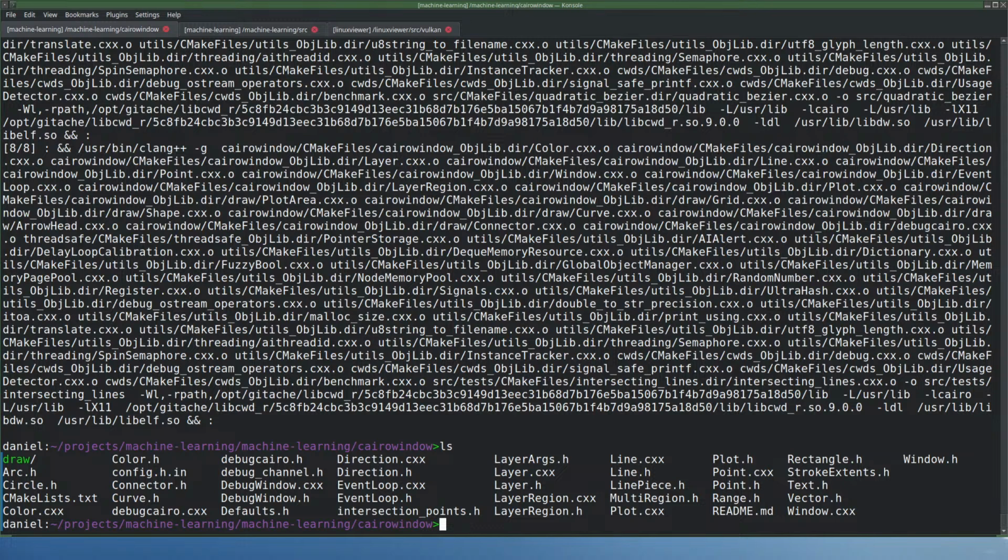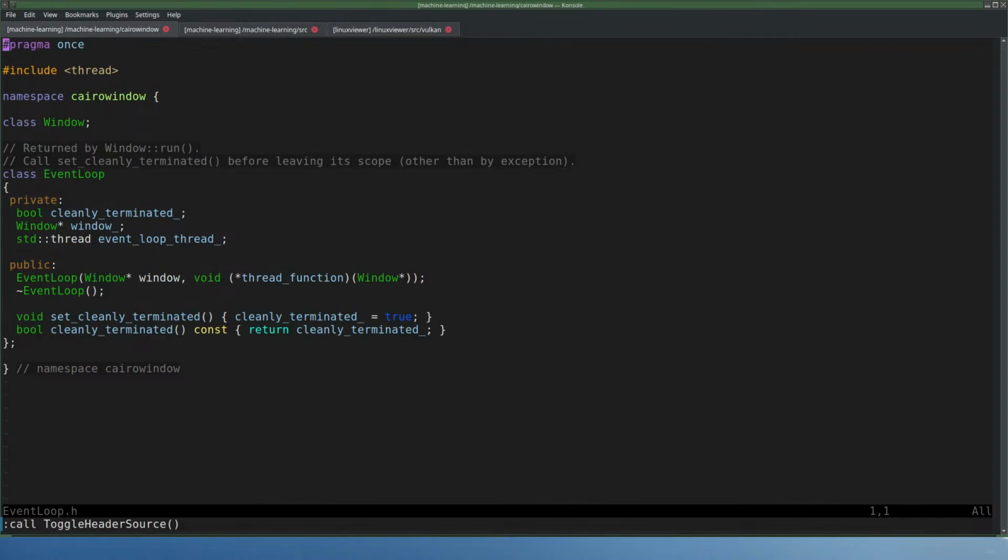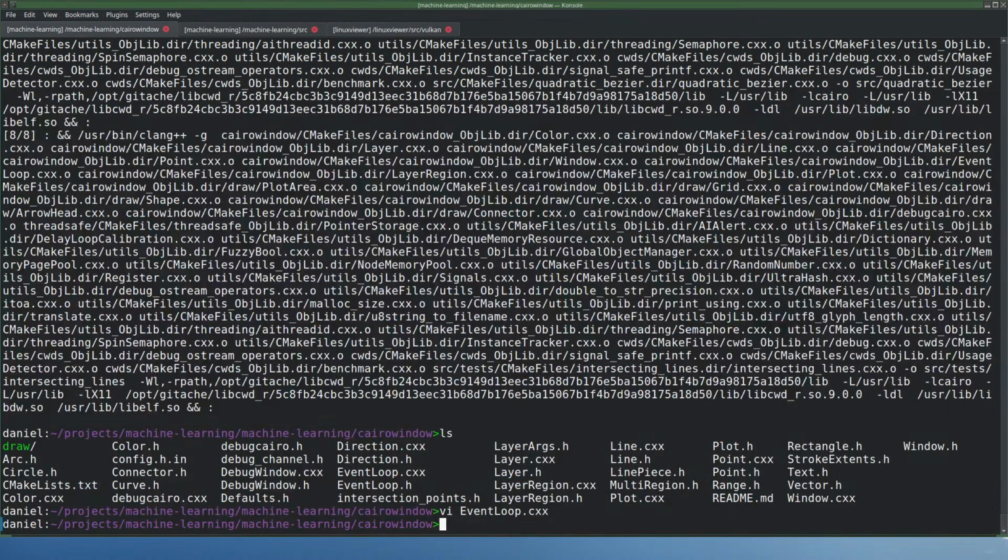Is that an event loop? Hardly. Totally not. No, plot maybe.